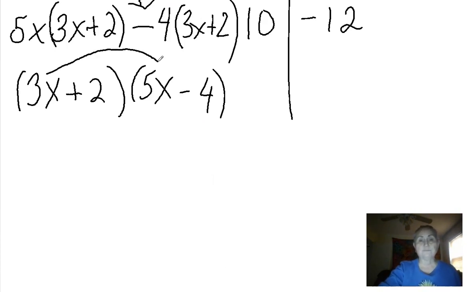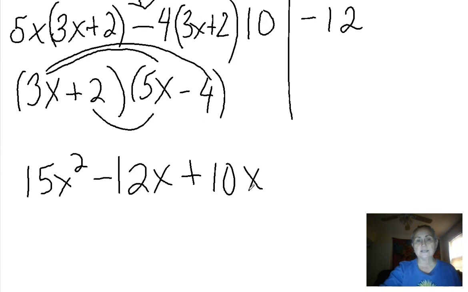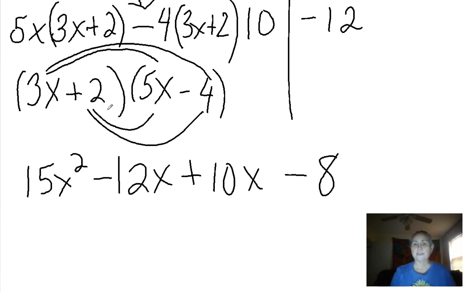So F of the FOIL rule is 15x squared. O of the FOIL rule would be negative 12x. The I of the FOIL rule would be a positive 10x. And the 2 times the negative 4, or the L, would be minus 8. And there's your negative 12x and your 10x, just like we have here.